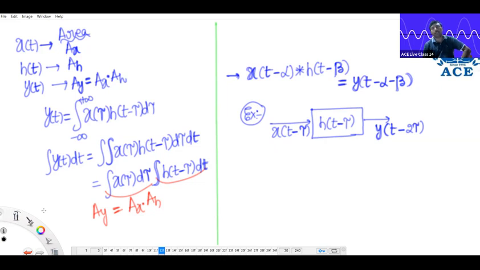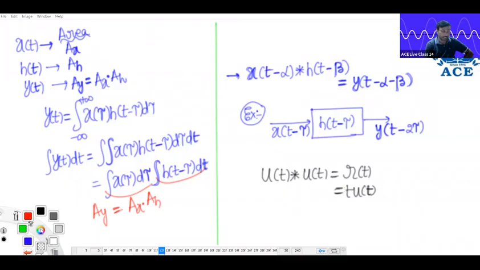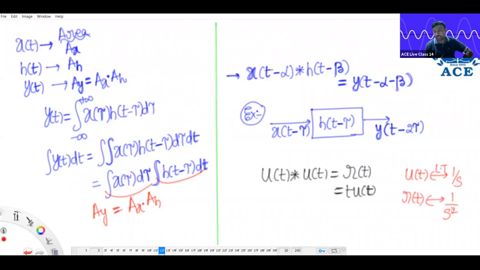Let me explain a few examples on this property. I hope most of you are aware that u(t) convolved with u(t) is the ramp signal. Because the Laplace transform of the step function is 1 by s, and the ramp signal is 1 by s square.